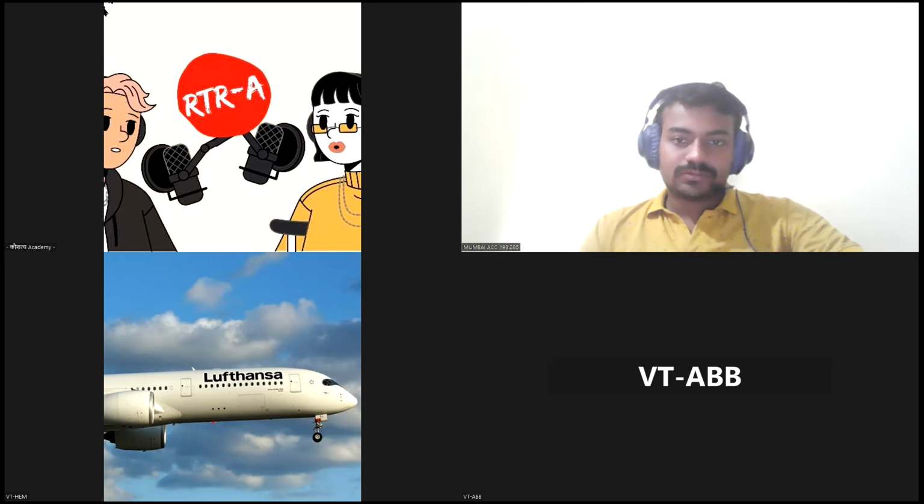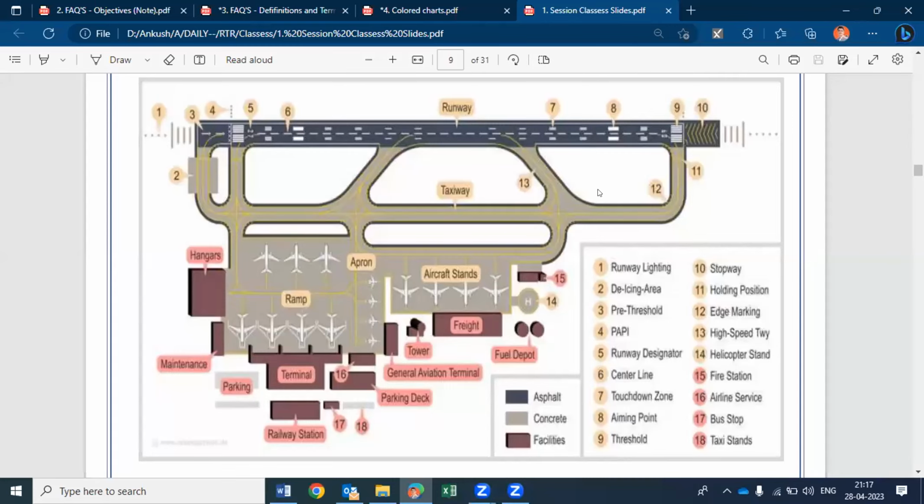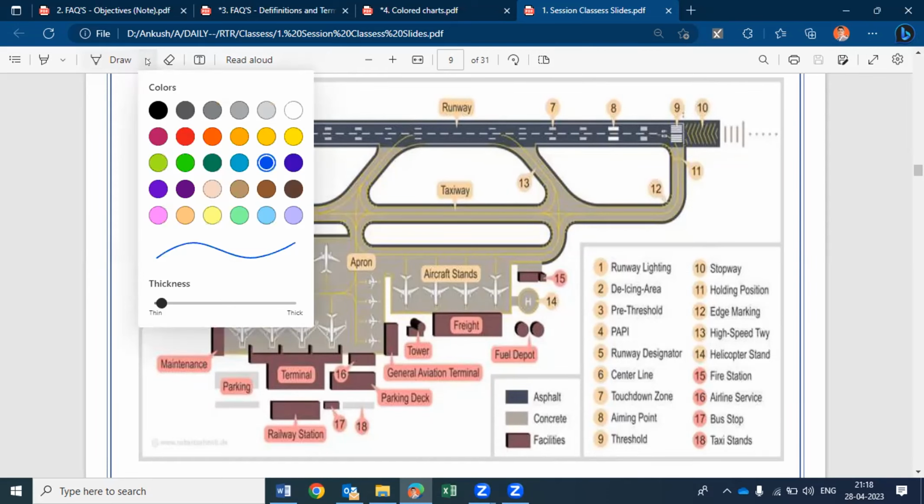Now, this is airport view for you again, right?